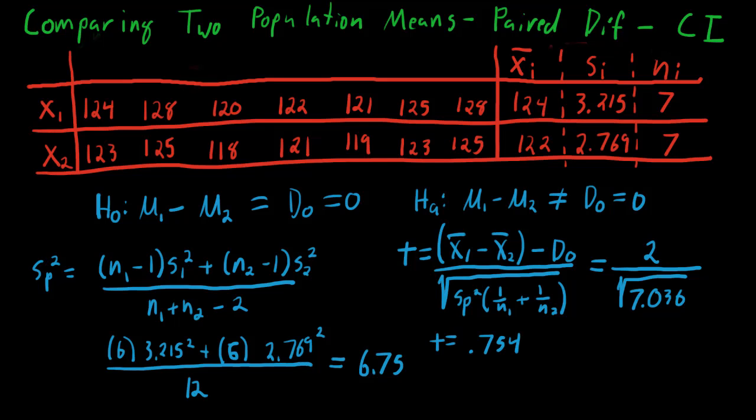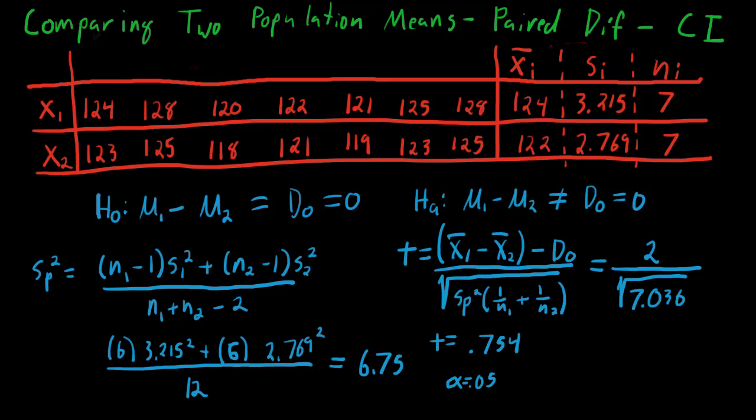And we finish that off, we get our t value is equal to 0.754. If we're going to compare that to our t sub alpha over 2, we set our alpha level, we're going to use alpha of 0.05. We have our degrees of freedom of 12 now, since we have 7 plus 7 minus 2.